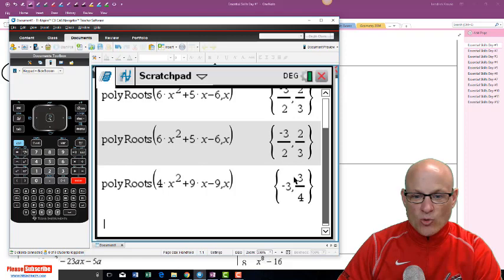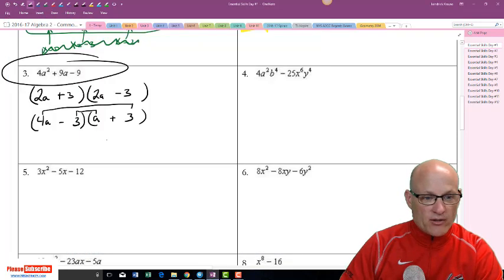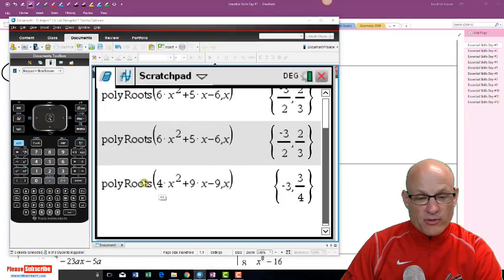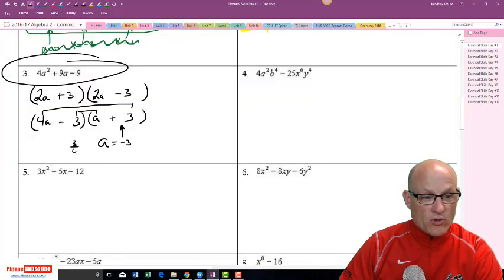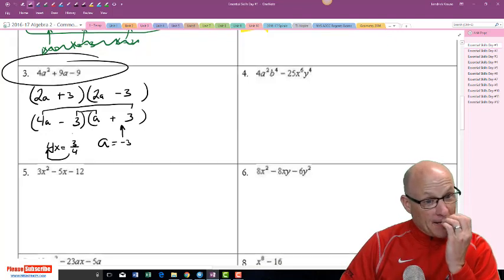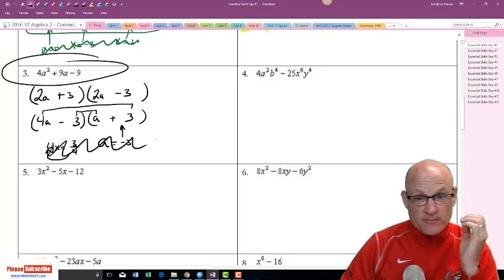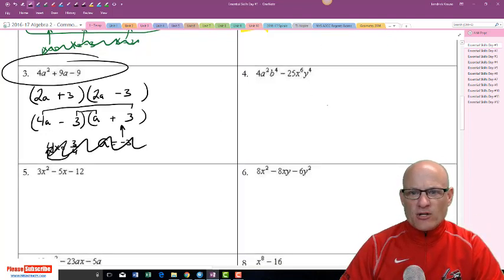Click Enter. So one of my answers was a equals negative 3. Well, that means it came from a positive 3. And then that would help me out with the other one, 3/4. Remember, x equals 3/4. So this 4 came in front, 4a, and then opposite sign. But don't put these.